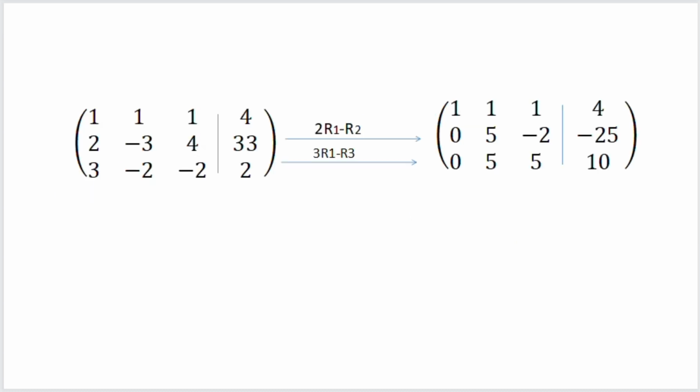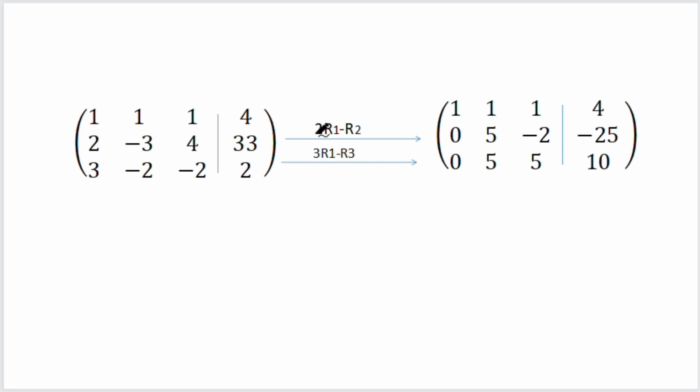So, if you're working this out, for example, I want to make the 2 a 0 in this case, so I have to show the procedure of the operation. I have my 2 here, but I want to make it a 0.